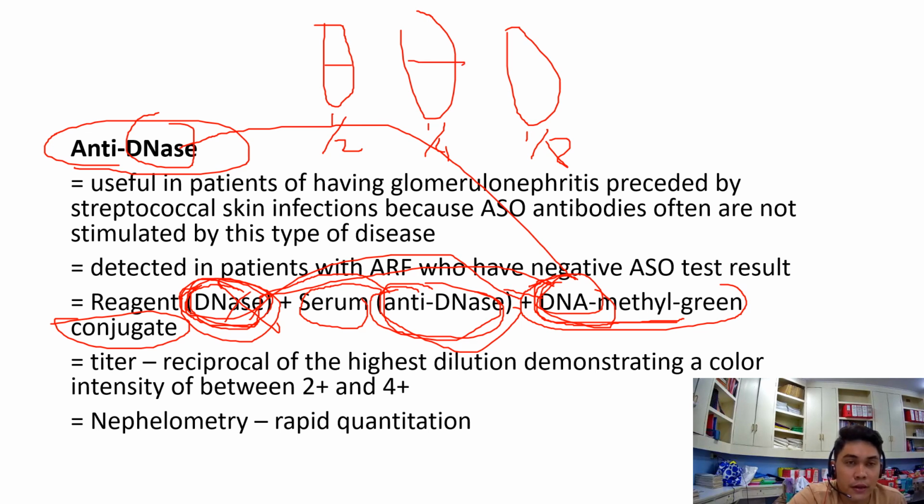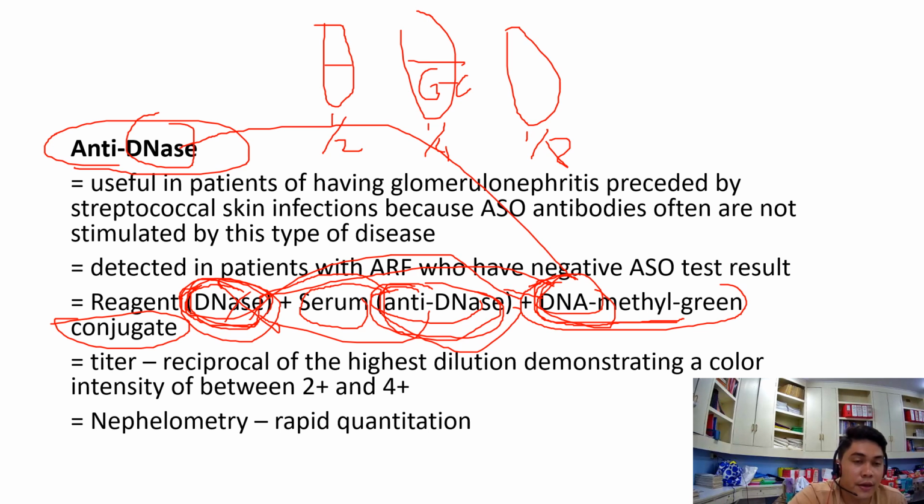Then for tube number 2, you have a color change from green to colorless, meaning anti-DNase is absent.